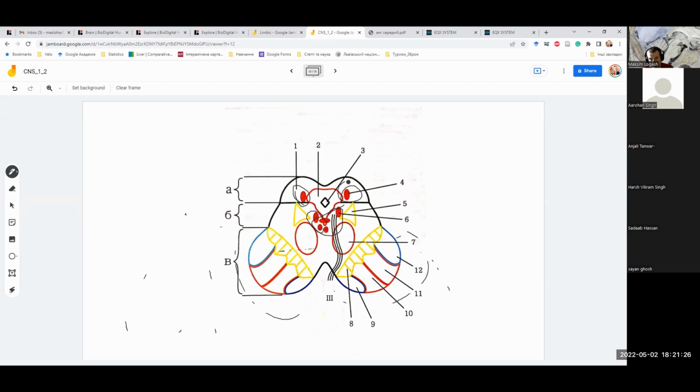But mostly the clinician takes care about the oculomotor and trochlear because they produce very specific symptoms. Simultaneous damage of these two nuclei, oculomotor plus trochlear, guarantees that you have to check the midbrain. You have to check the midbrain.